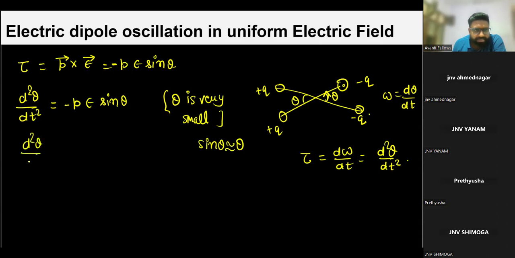So we have an equation here that d²θ/dt² is equals to minus of PE theta.